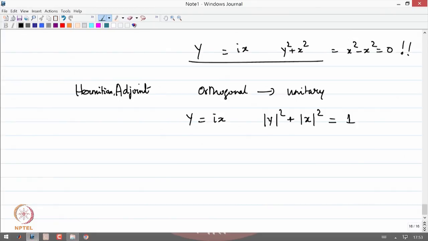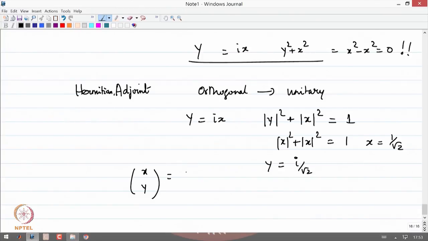So absolute y square plus absolute x square is equal to 1 is nothing other than absolute x square plus absolute x square is equal to 1, or x is equal to 1 by root 2. And now we can say y is equal to I by root 2. Therefore, the eigenvector (x, y) is (1 by root 2, I by root 2).